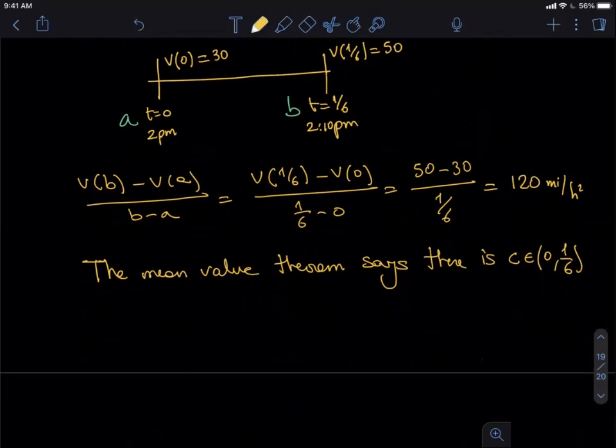So there is a c such that a of c, the acceleration at that precise time, is 120 miles an hour squared.